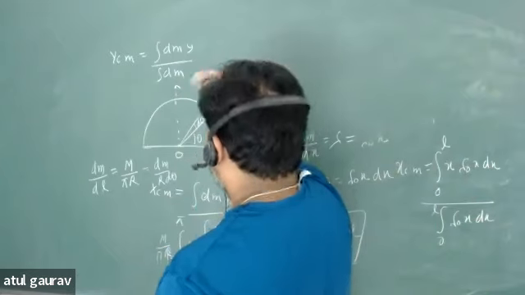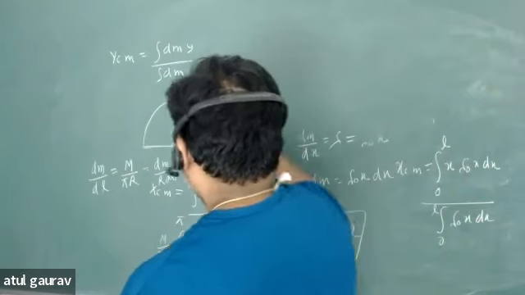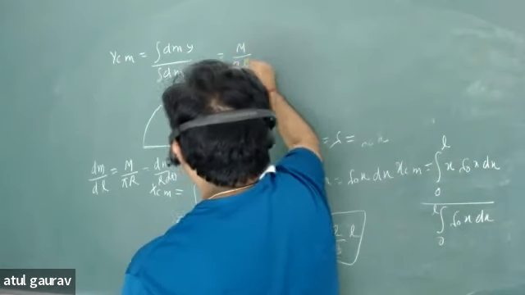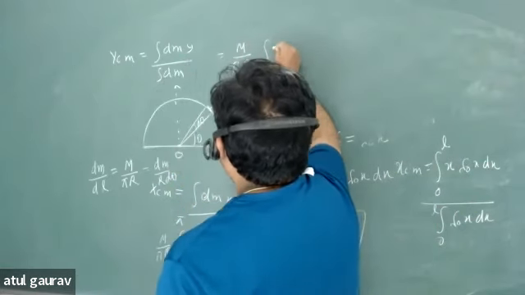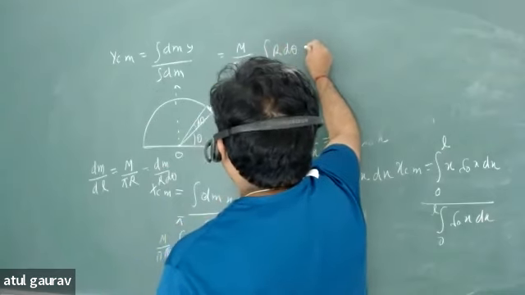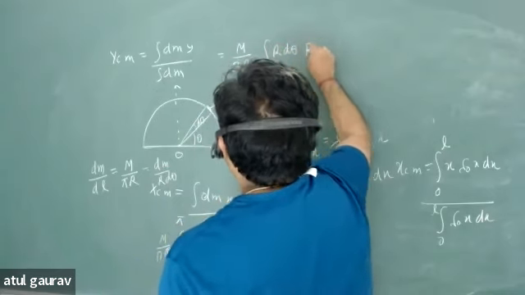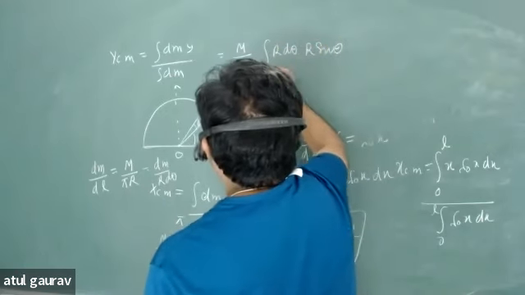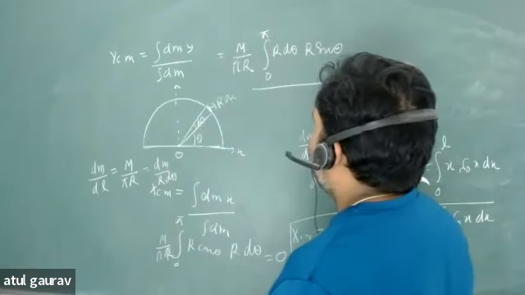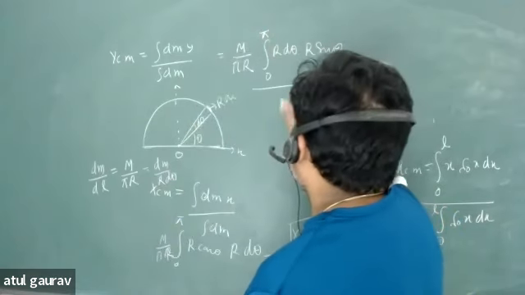So what is your dm? dm को क्या लिखेंगे बताओ? m upon pi r, and you will go for r d theta. What is your y? R sin theta, 0 to pi. And what is your dm here? Capital M. Very good.